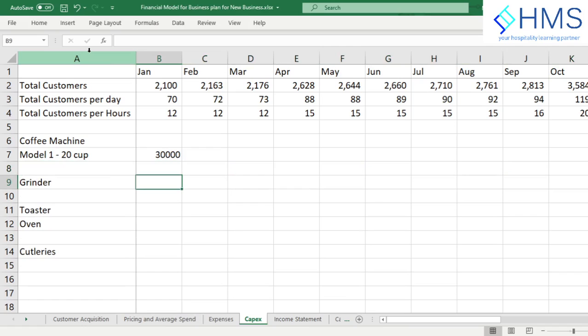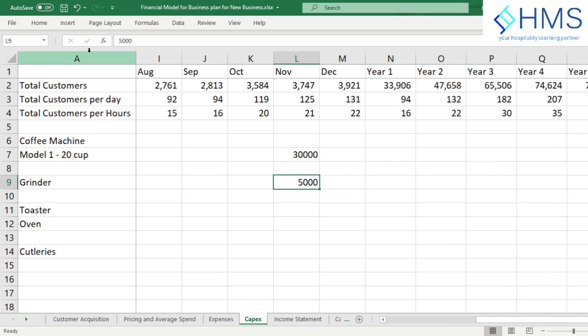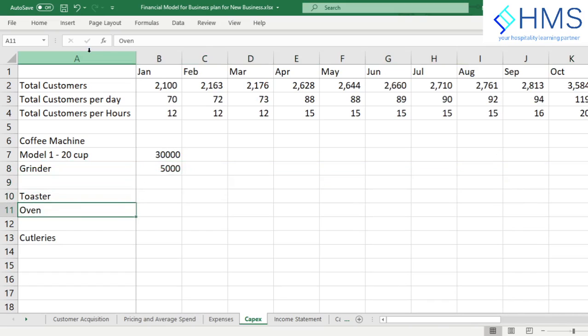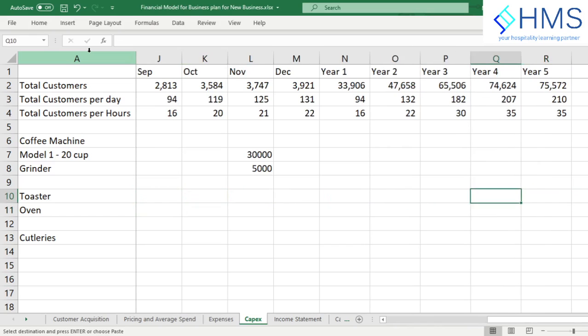Then let's say the grinder is going to cost you $5,000 extra with the coffee machine, because you need one grinder for one coffee machine. You will need a toaster. Maybe let's say the toaster can serve only 10 per hour, right? Or maybe 20 per hour. Again, the toaster will cost you, let's say, $2,000. So you need one now if 20 per hour, and then another one here.